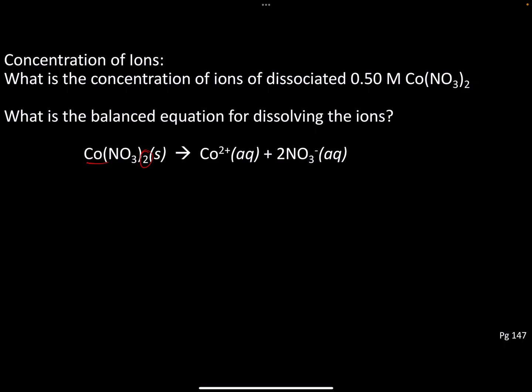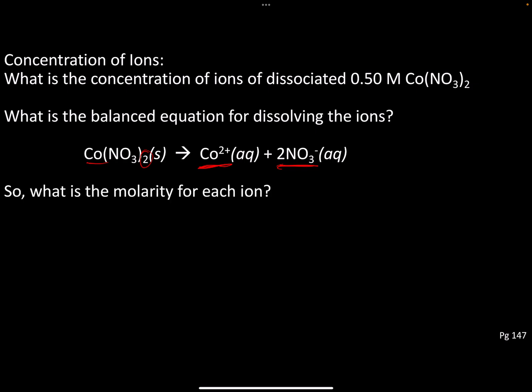When those dissociate, I can assume they will fully dissociate because it's a strong salt. So for every cobalt nitrate that I put into water, I should have 1 cobalt ion and 2 nitrate ions.